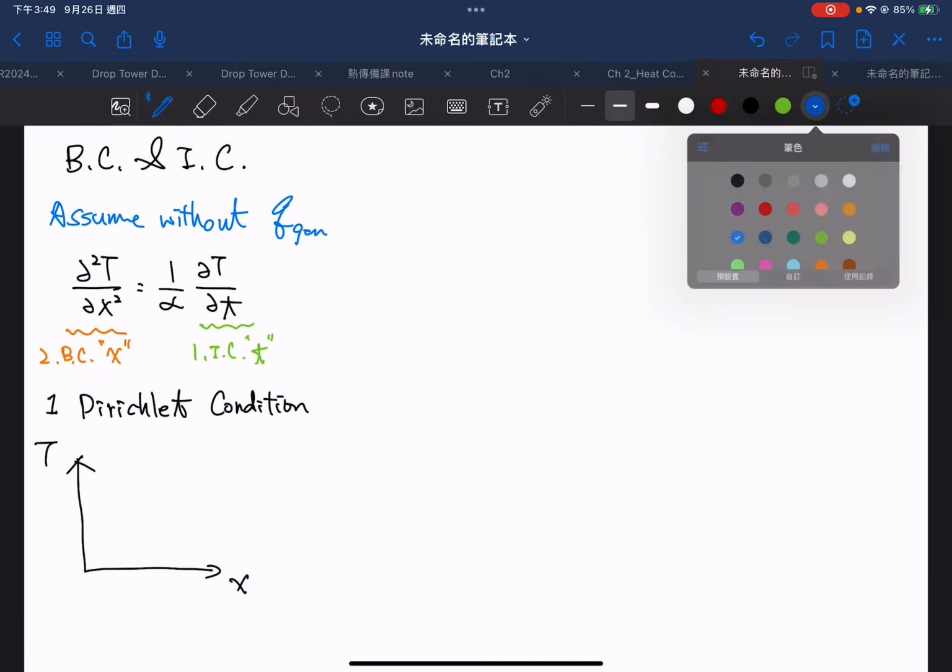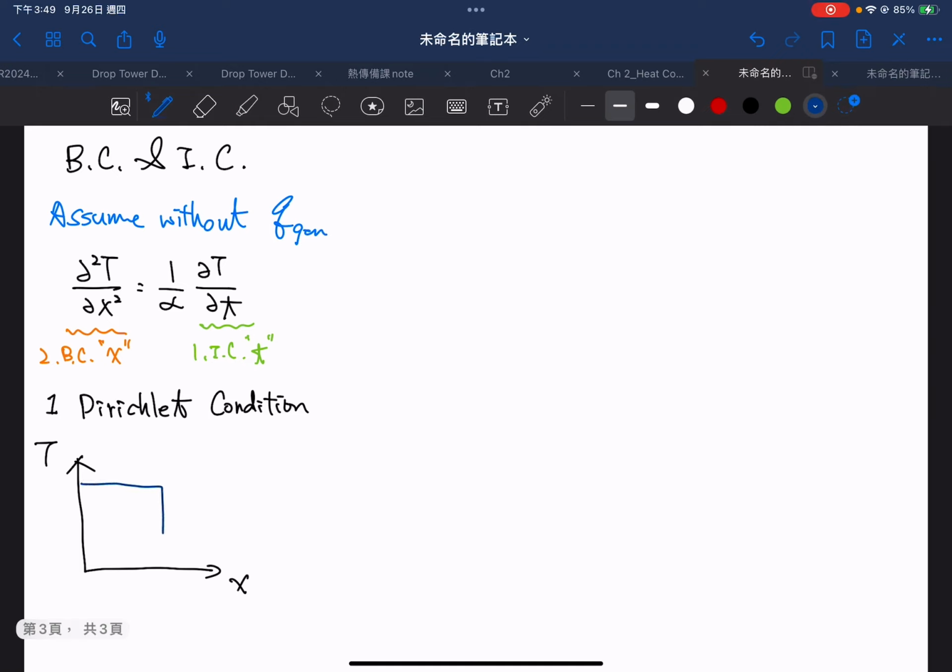You have a wall here, and you know the surface temperature T1 on one side and T2 on the other side, for example. So the boundary condition here is very easy. T at x equal to 0 equals T1, and T at x equal to L equals T2. So this is your boundary condition.